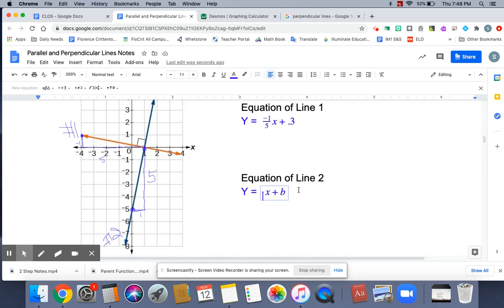So my up is 5, and my over is 1. And then where is it crossing the y-axis? The blue line's crossing down here at -5. So my plus b is -5.